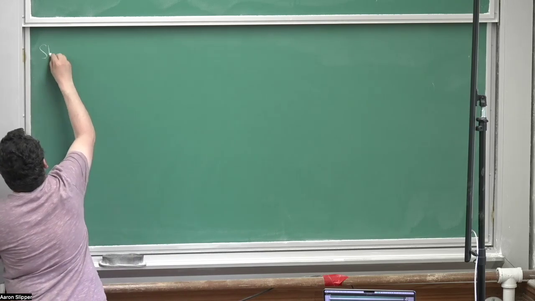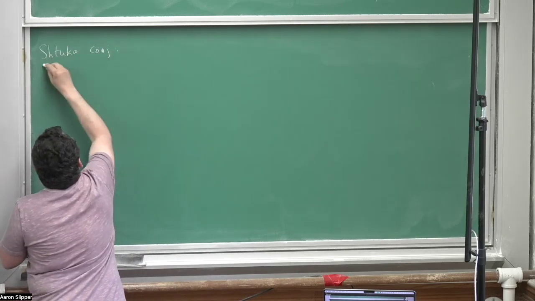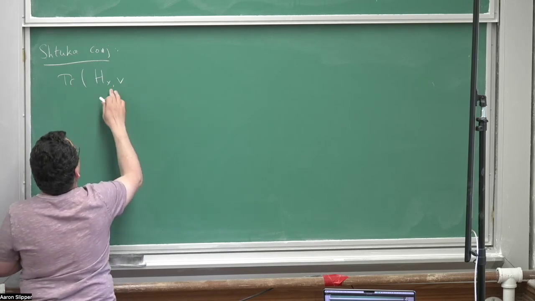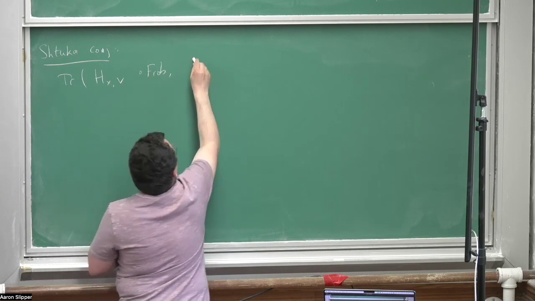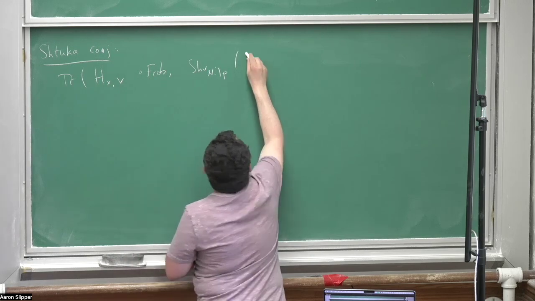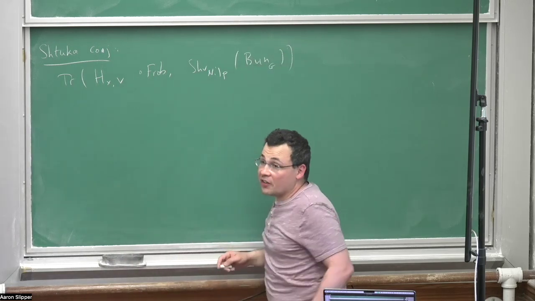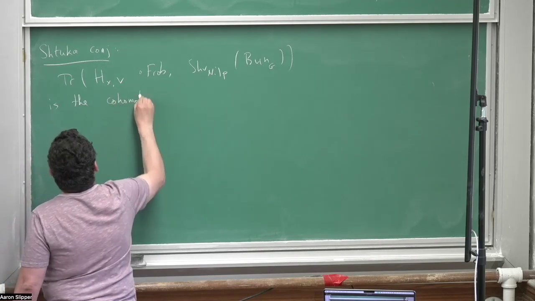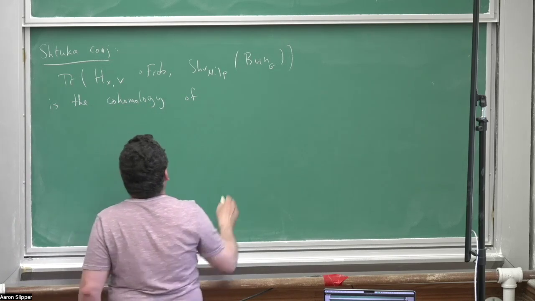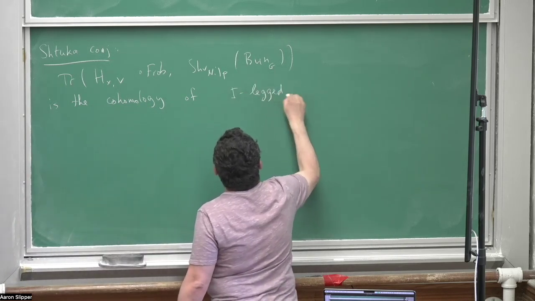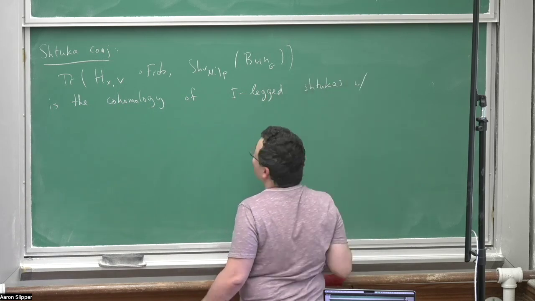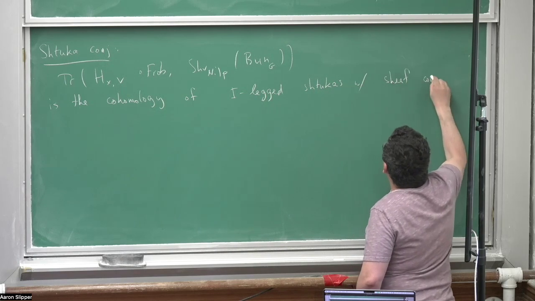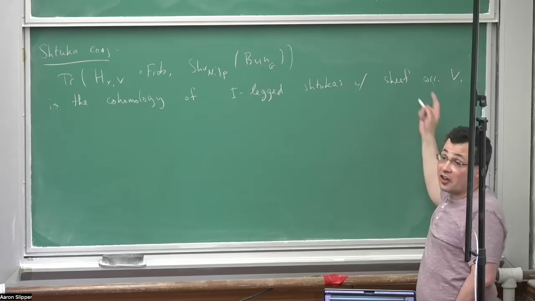So maybe let me say the Shtukas conjecture is that this trace is, very uncarefully passing between things, in the arithmetic setting, the cohomology of the I-legged Shtukas with coefficients corresponding to V, with the sheaf corresponding to V under Satake.